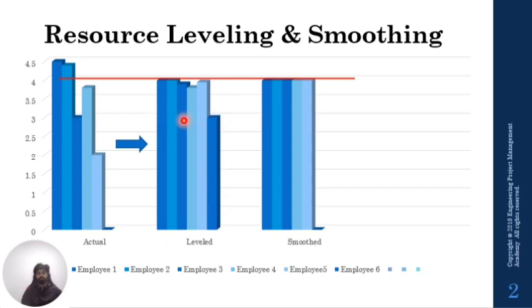In the case of smoothing, we have the same number of employees, but we break down the tasks into smaller chunks and give them to different colleagues.